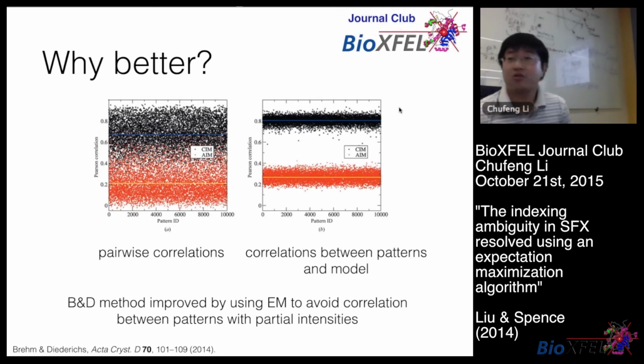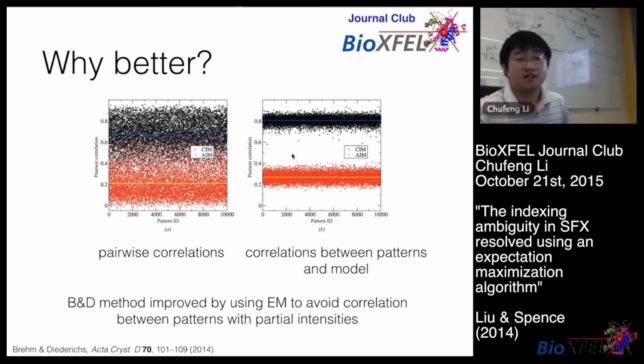At last, the authors try to explain why this EM algorithm improves upon the BD method mentioned in this paper. Because this method tried to reconstruct the correct indexing mode based on calculating the pairwise correlations. So the correlation is calculated between partial patterns. And the EM method calculates the correlations between each pattern, which has partial reflections, and the full reflection model.